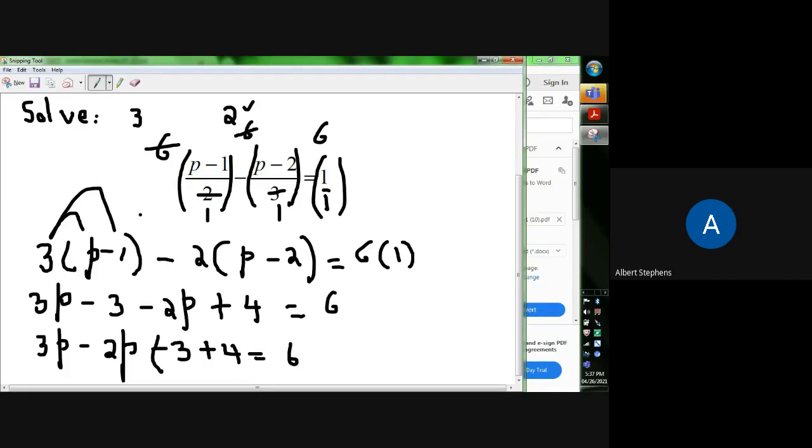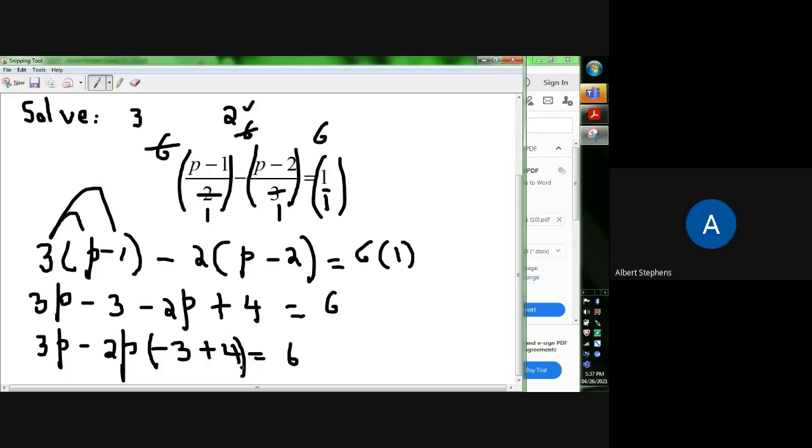Class, what is negative 3 plus 4? Negative 1? You sure? It's not just one, it's going to be positive 1.